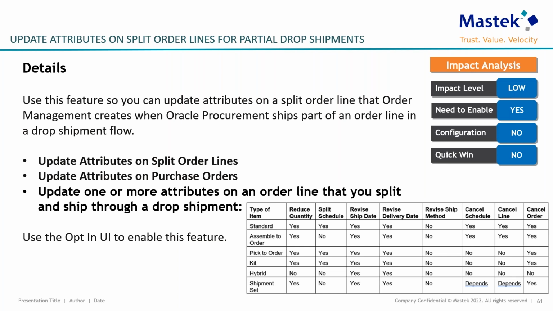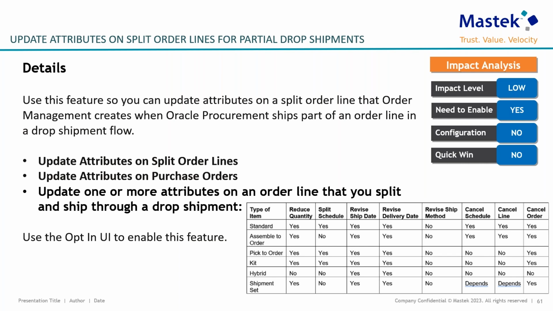To use this feature, we need to opt in in the UI. Once we enable this feature, we can see what attributes we can change, and whether we are able to change them or not. The yes and no has already been mentioned here.